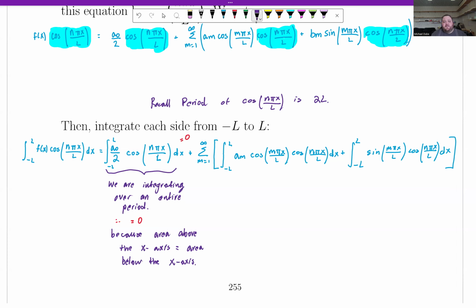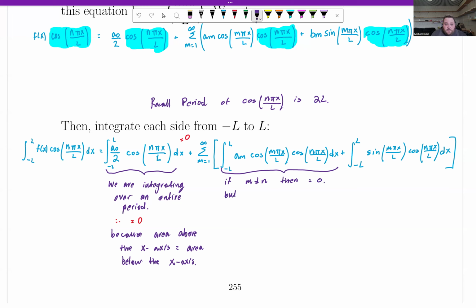Okay, so we have some constant times cos m pi x over L, cos n pi x over L. Okay, and here we're going to have two things happen. If m does not equal n, then it equals 0.